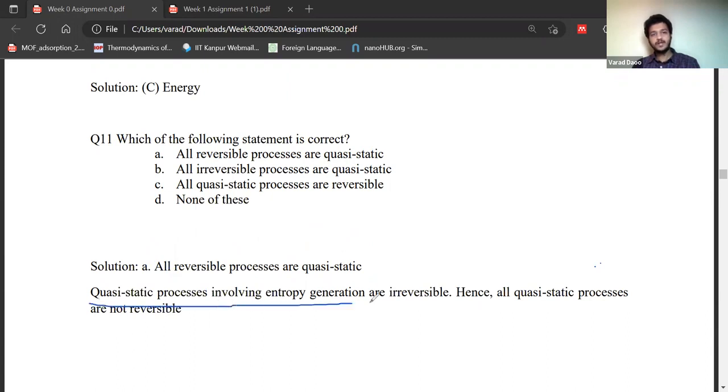Quasi-static processes can involve entropy generation, which makes them irreversible. Hence, all quasi-static processes are not reversible. However, reversible processes are quasi-static processes. Hence, option A is correct. So, if anybody has any question, they can ask. Else, we'll go forward.